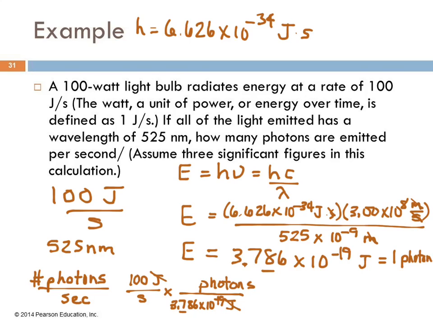It said to assume 3 significant figures. They're telling us that because 100 watts, that's really ambiguous. So it's going to be 2.64 times 10 to the 20th photons per second.